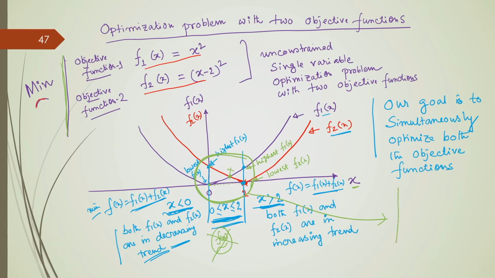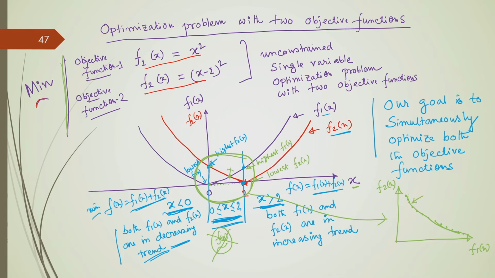And if we plot these solutions in the objective function domain by keeping f 1 x and f 2 x on the two axes of this plot, then you will get different solutions which will be something like this. In fact, all points of x will have a feasible solution. So, basically this plot would be a continuous plot like this, where each and every point will represent a prospective solution.